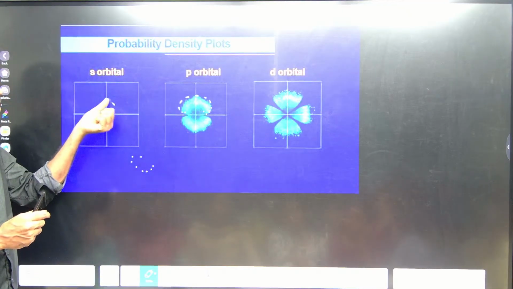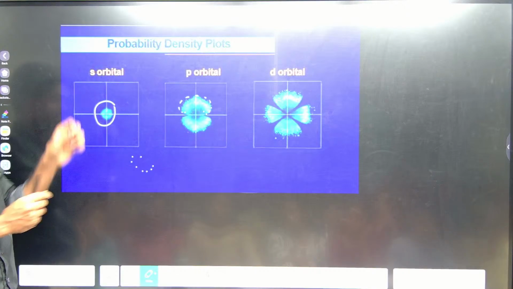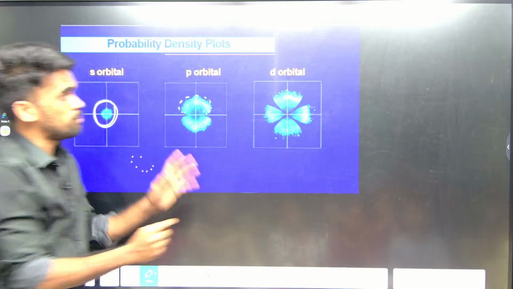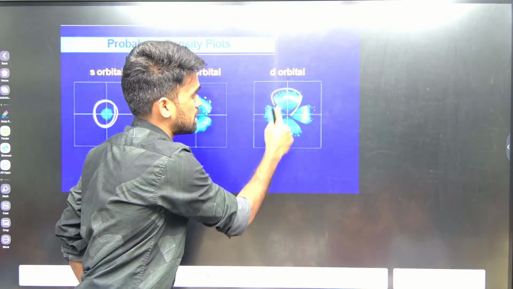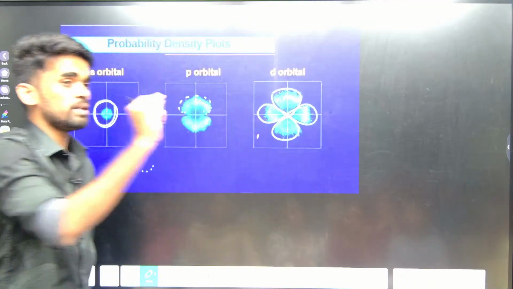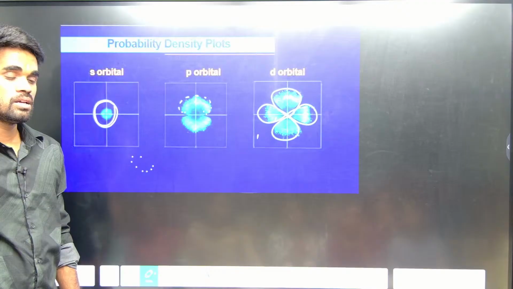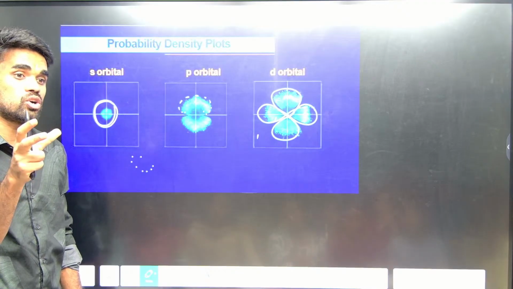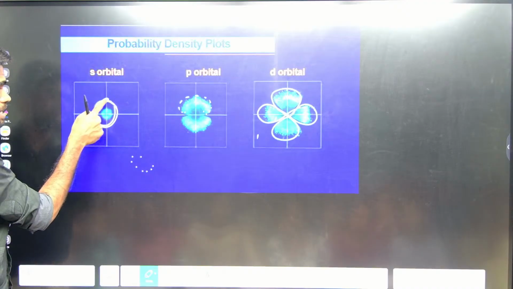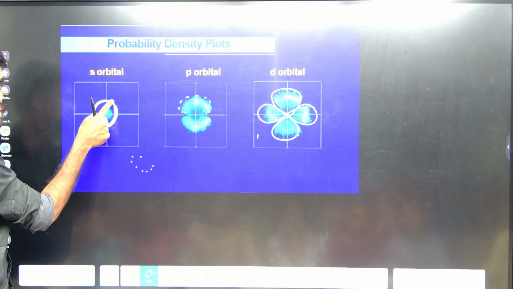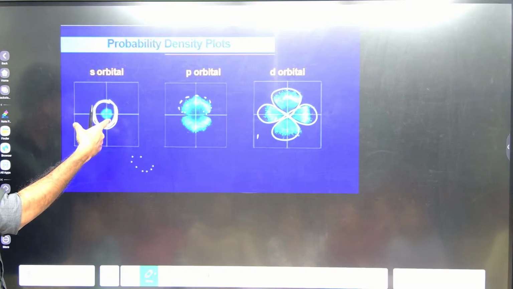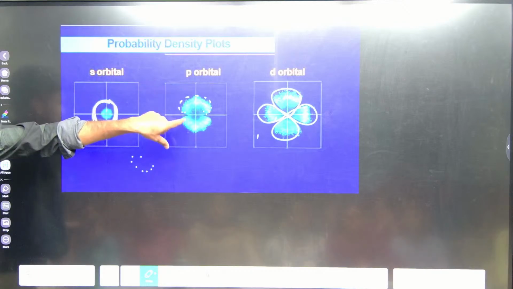When it is an s orbital, it is spherical in shape, and this is the region where you can find the electron. Similarly for the d orbital. So what do we mean by orbital? The region where the probability of finding an electron is maximum. When I say s orbital, this is the region where the electron probability is maximum. That's why we say the s orbital is spherical in shape, and p has a different shape like that.